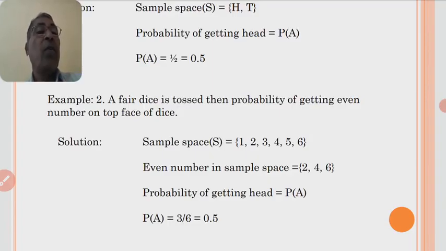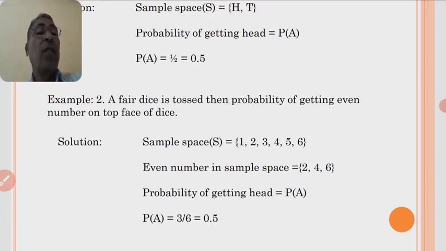Now, the probability for an even number. When we toss a dice, it is possible that the numbers 2, 4 and 6 may come on the top.